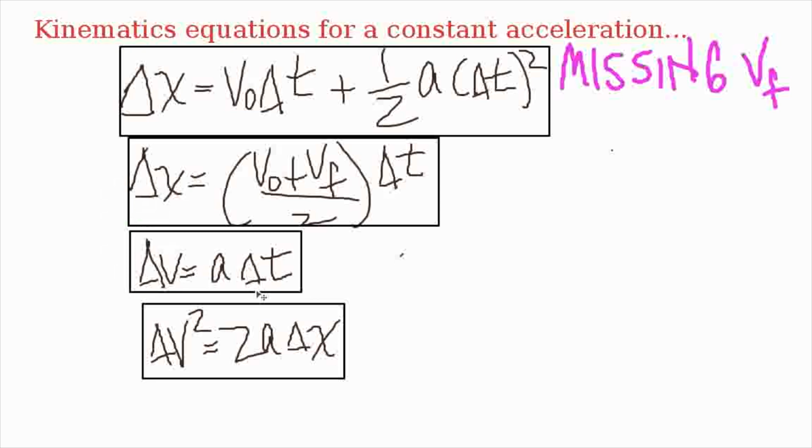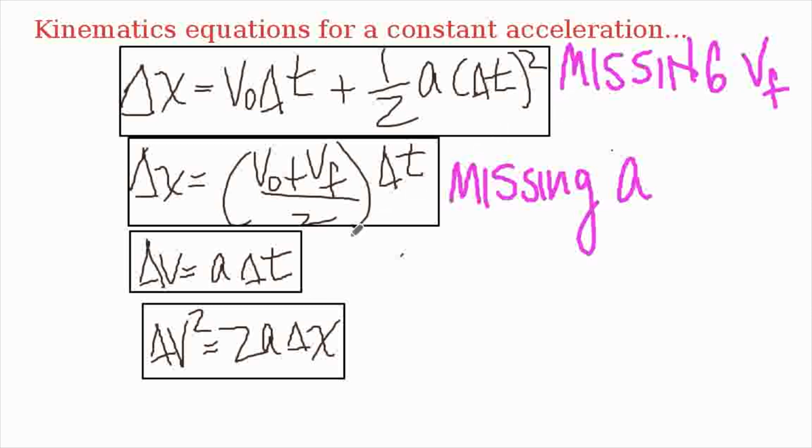Okay, look at the second one. Notice that the second kinematic equation is missing the acceleration. Again, it's obviously possible that a question might not reveal to you what the acceleration is. In that case, the second one would be a good one to choose, because it's not expecting you to know it.